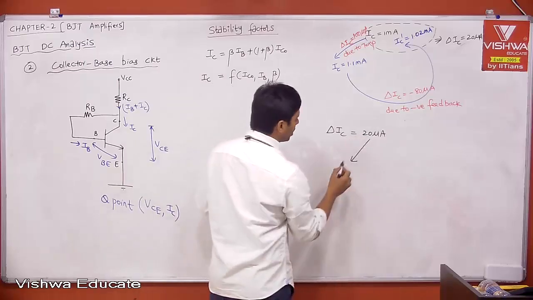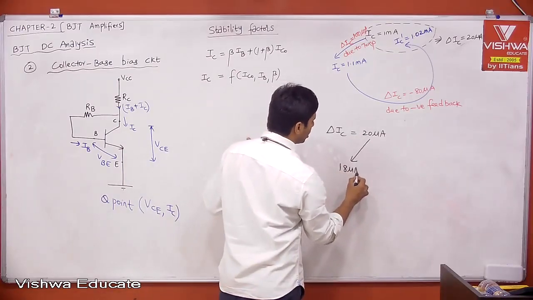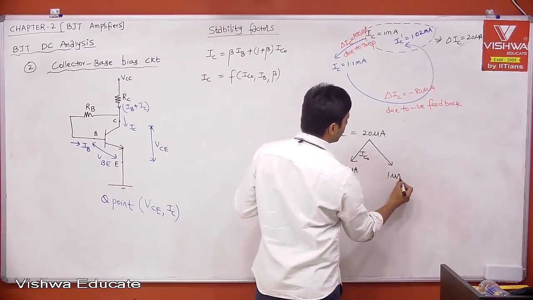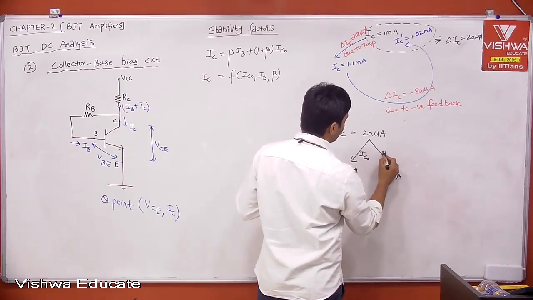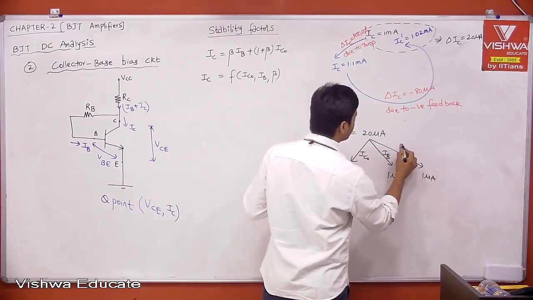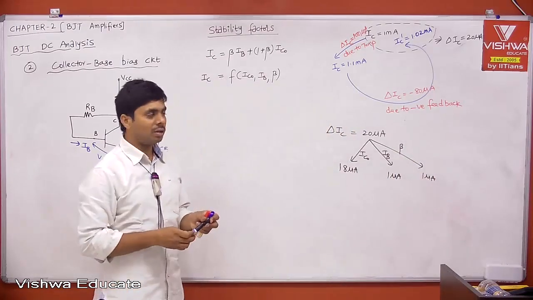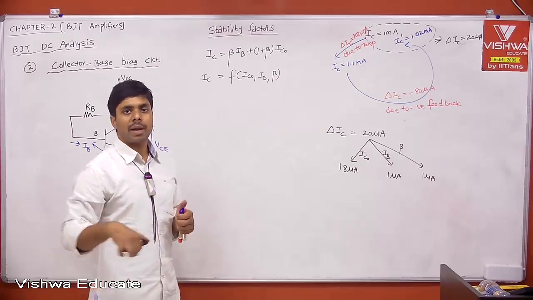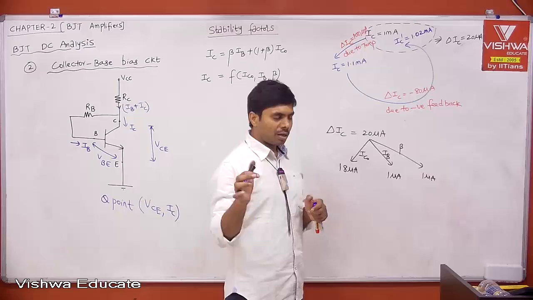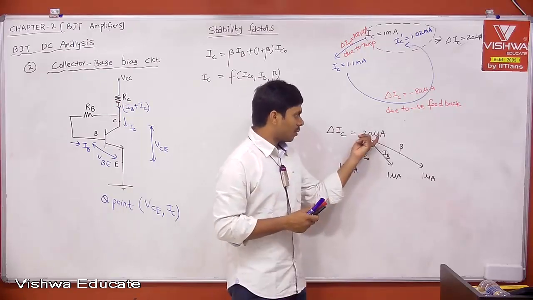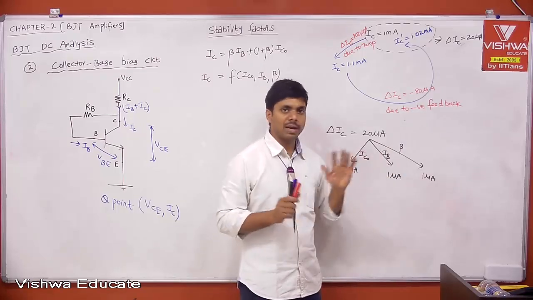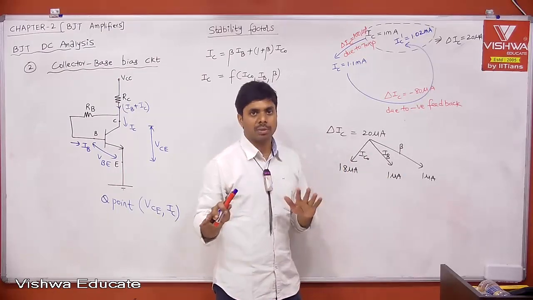Let us say out of 20 microampere, 18 microampere is due to IC naught, 1 microampere is due to your IB or VBE, and one more 1 microampere is due to beta. Practically people found from mathematical analysis as well as practical experiment, though practical experiment is difficult to find. Remember, don't take these values for granted, these values are for your understanding purpose, okay.